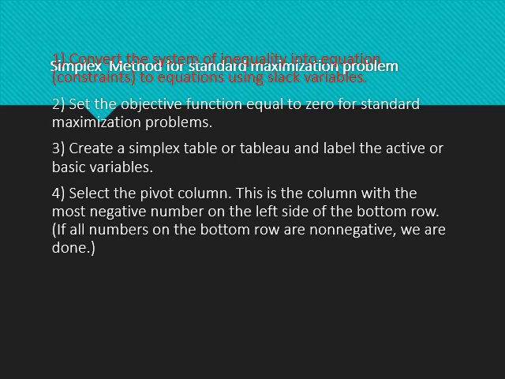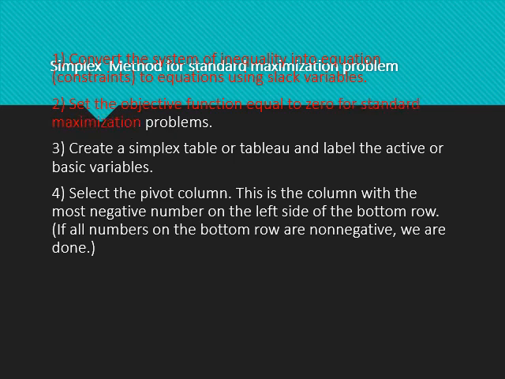Step 2, set the objective function equal to 0 for standard form of maximization. Step 3, create a Simplex table and label the active or basic variables. Active variables or basic variables.